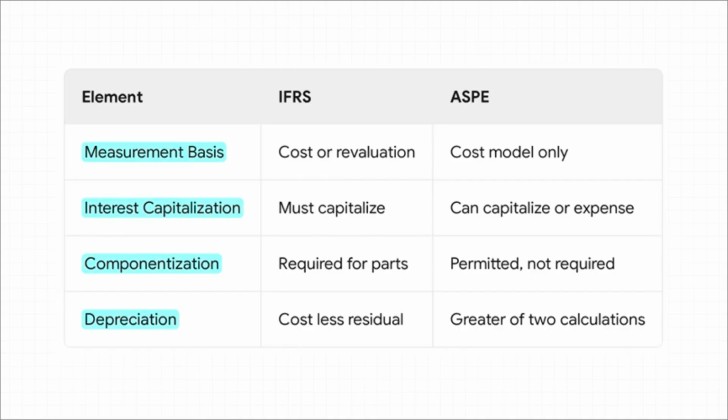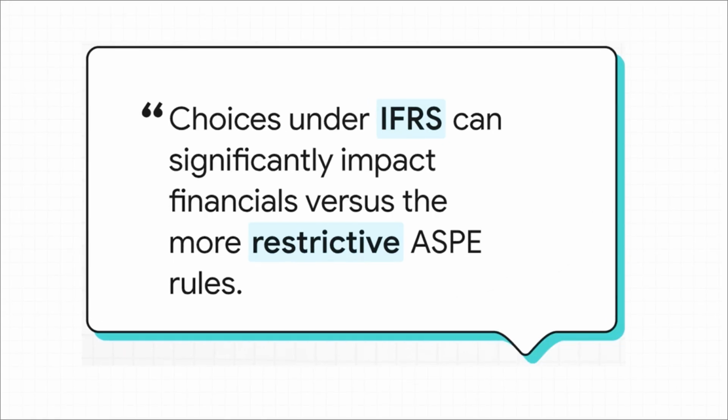Borrowing costs: IFRS requires capitalization. ASPE allows choice. Impairment: IFRS allows reversals. ASPE does not. Bearer plants: IFRS includes them as PPE. ASPE doesn't.